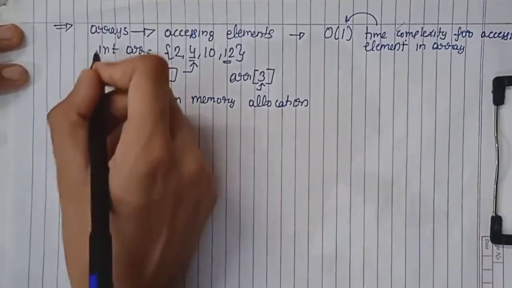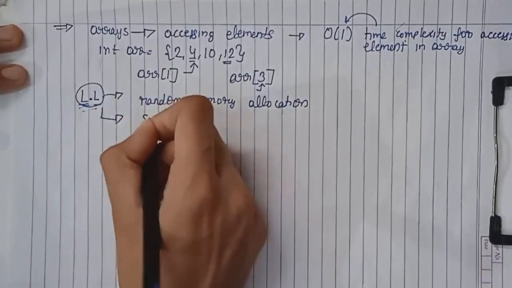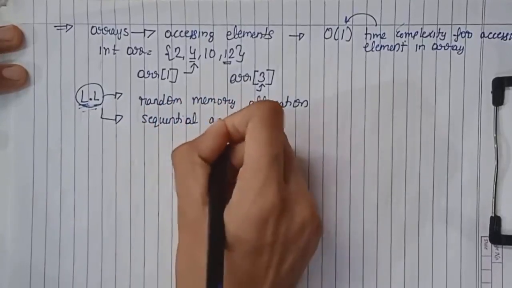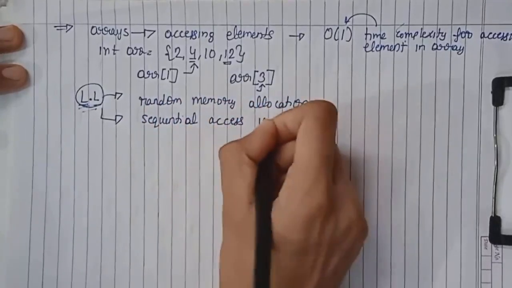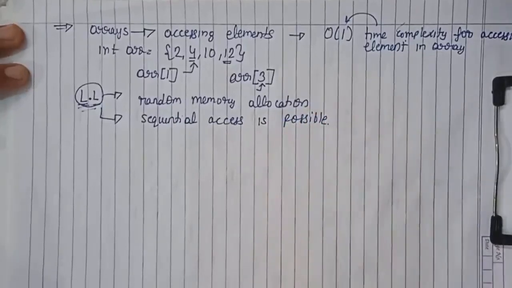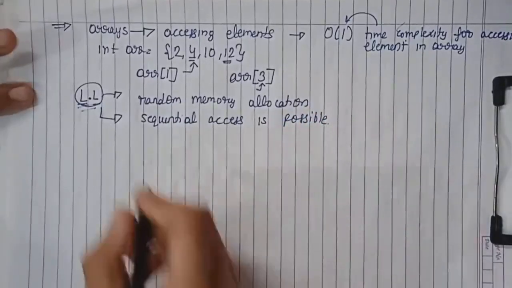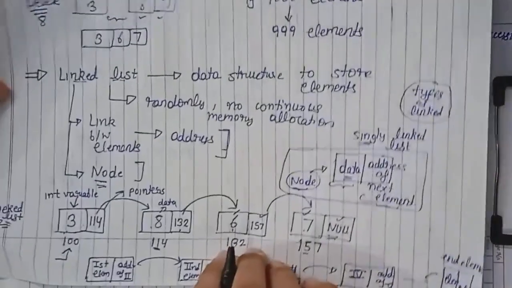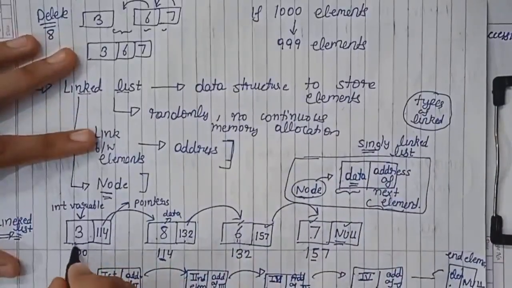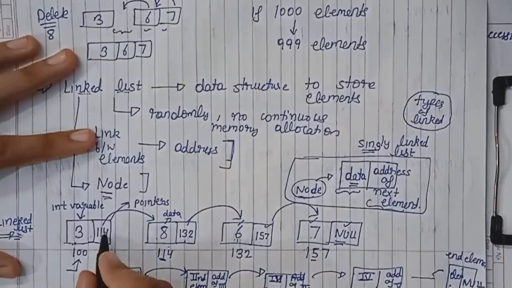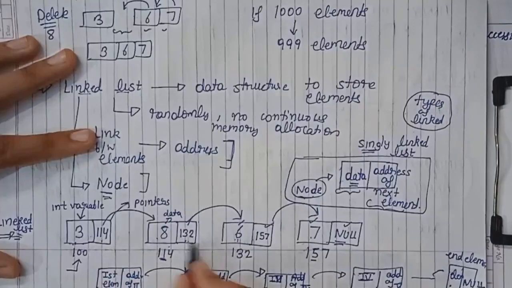If you want to access an element, you must note that only sequential access is possible in a linked list. Now what is this sequential access? Let me just take my previous diagram for the linked list. Let's say this is the linked list 3, 8, 6 and 7, where we are storing the address of the next element.